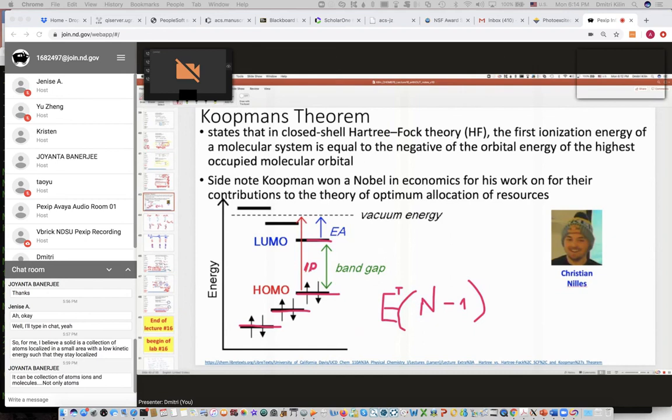Yeah, definitely. The term ionization potential can also be used instead of ionization energy. Yes, yes. So I think you can calculate effective nuclear charge.